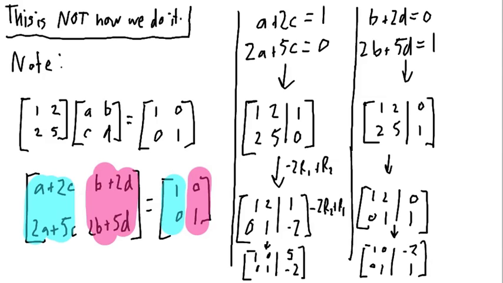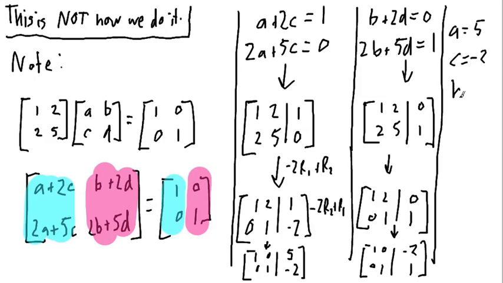So what is this saying? This says that A is equal to 5, C is equal to -2, B is equal to -2, and D is equal to 1.